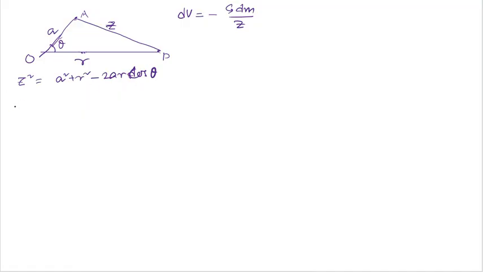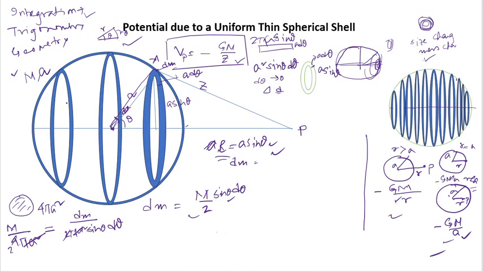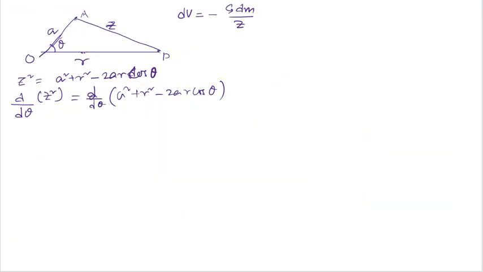So if I differentiate both sides with respect to theta, I can write d by d theta of a square plus r square minus 2ar cos theta, correct. As I am differentiating, z is not a constant, correct. Z keeps changing, because the distance differs for each ring, so z is a variable here.